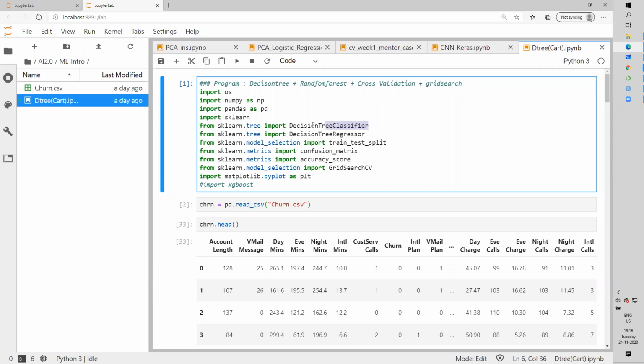So I want to use this DecisionTreeClassifier function to build my decision tree. So it's like #include stdio.h. That's the same statement that we are making: from sklearn.tree import DecisionTreeClassifier. Of course, a whole bunch of other things are there, but you can ignore them.